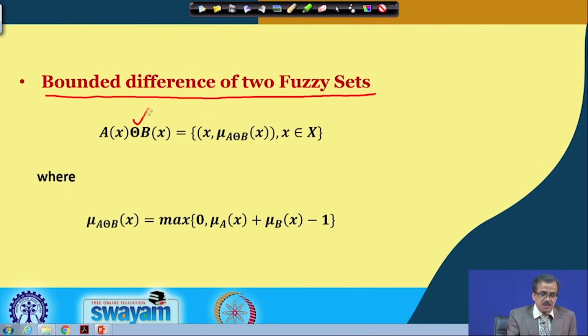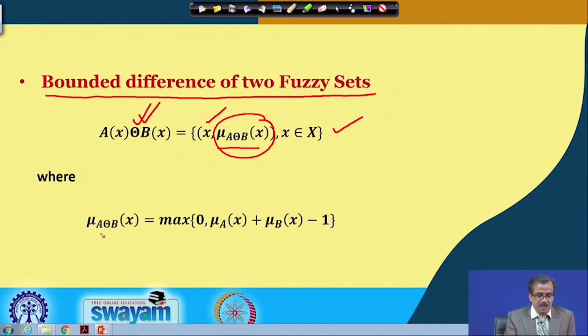This particular symbol is actually the symbol for the bounded difference, okay, and this is nothing but x, such that it has got the membership function value, which is nothing but the bounded difference of A(x) and B(x), x belongs to capital X. Now, how to define this particular membership?